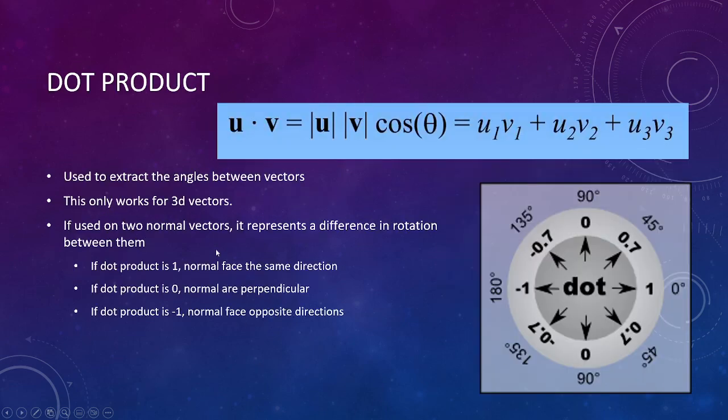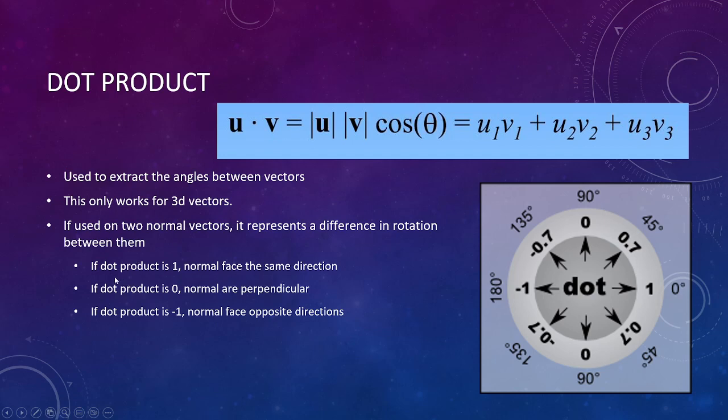Now, a dot product. The dot product is used to extract the angles between vectors. It only works for 3D vectors. If you use it on two normal vectors, it represents the rotation between these two vectors.